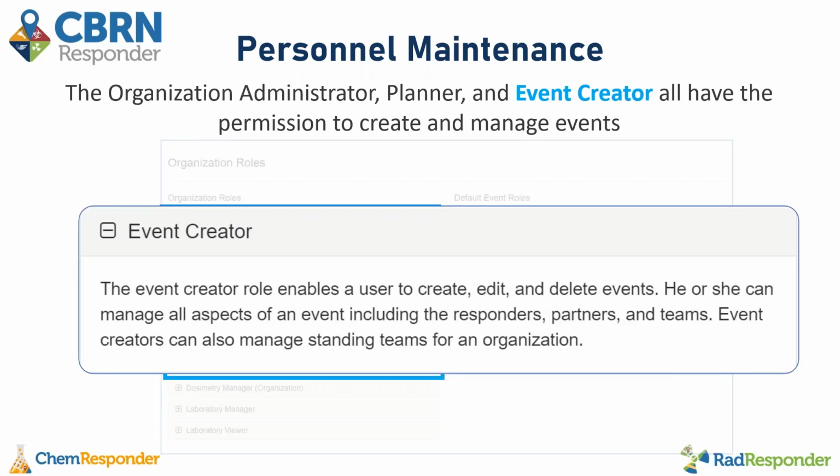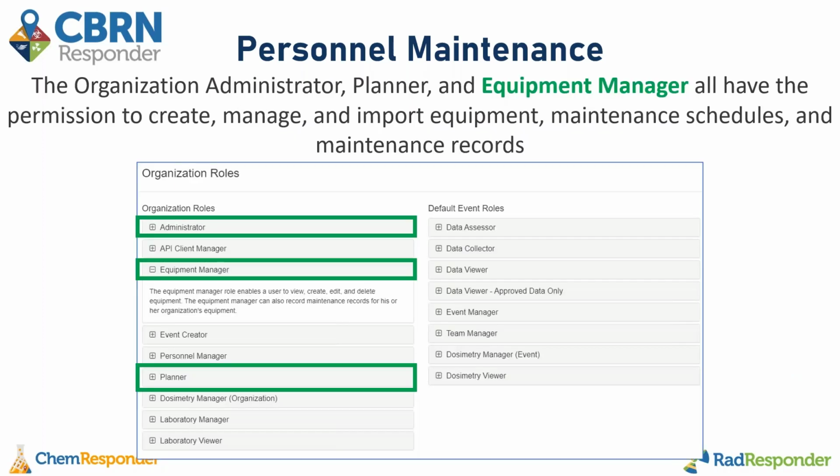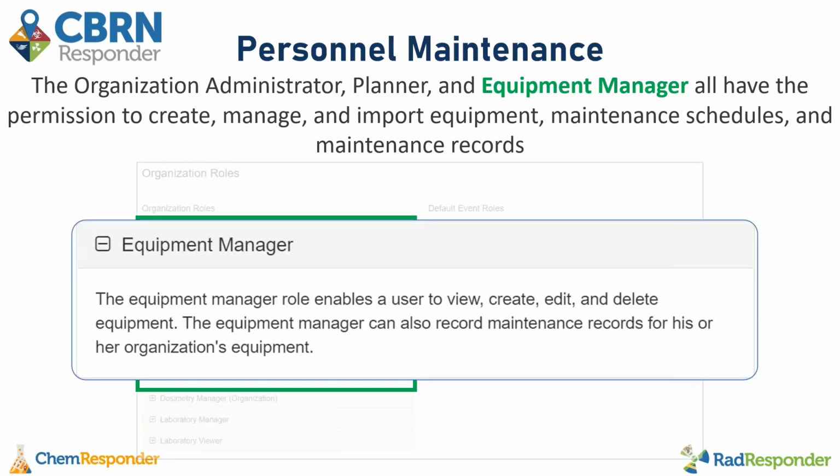Also, as the event creator, they can manage all aspects of that event, so the responders, partners, and teams in the event. The equipment manager has the permission to create, manage, and import equipment items, maintenance schedules, and maintenance records. So having someone responsible for specifically managing your equipment, especially if you do have a lot of equipment items, would be a good role to delegate out.